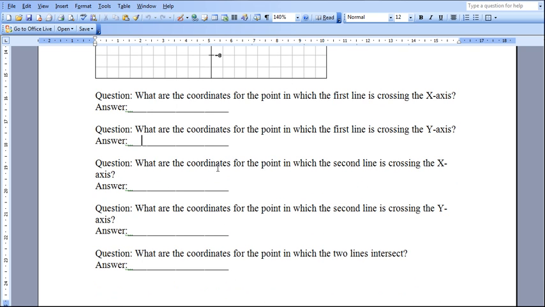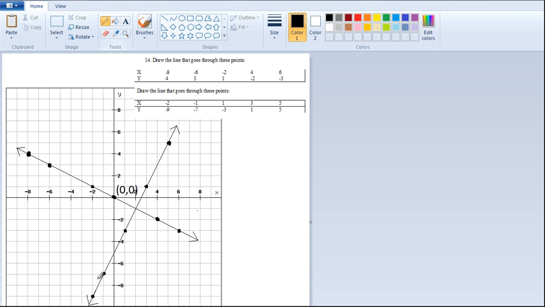What are the coordinates for the point in which the second line is crossing the x-axis? Okay, the second line is this one, and this is the x-axis. So if we just keep going along the second line, we see here that the second line is crossing the x-axis in this point.